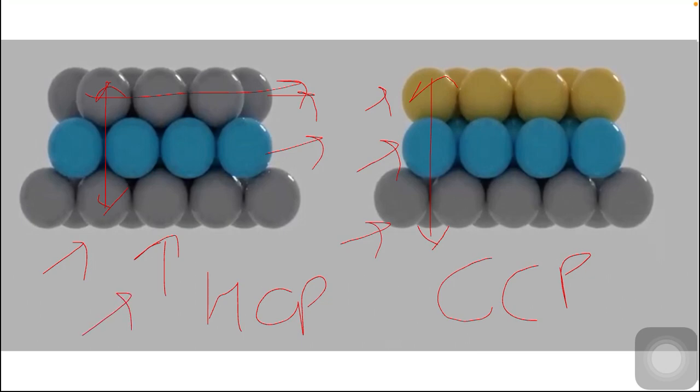Both of these stackings have efficiency, means have packing fraction of 74%, but there is a difference in stacking of third layer if we compare these two structures, means if we compare HCP structure with the cubic closed packed structure.